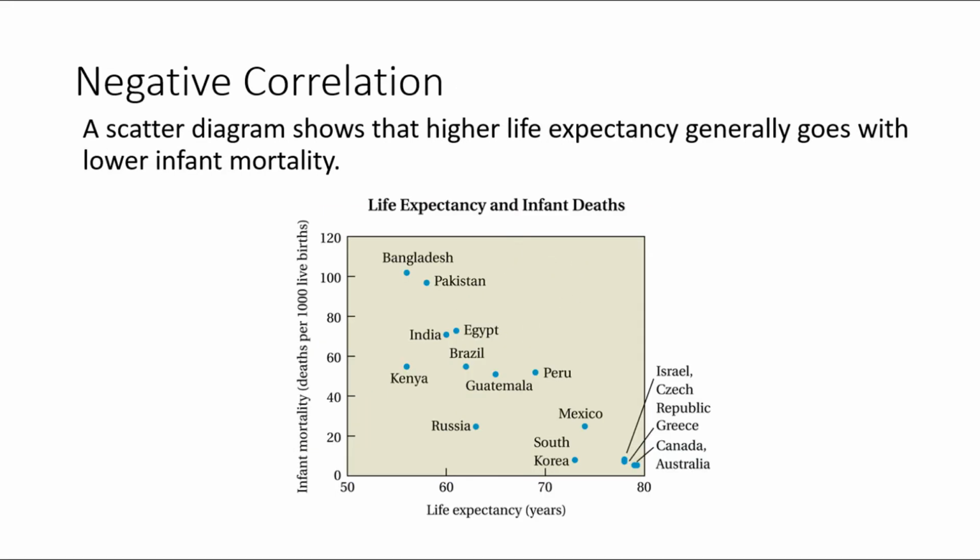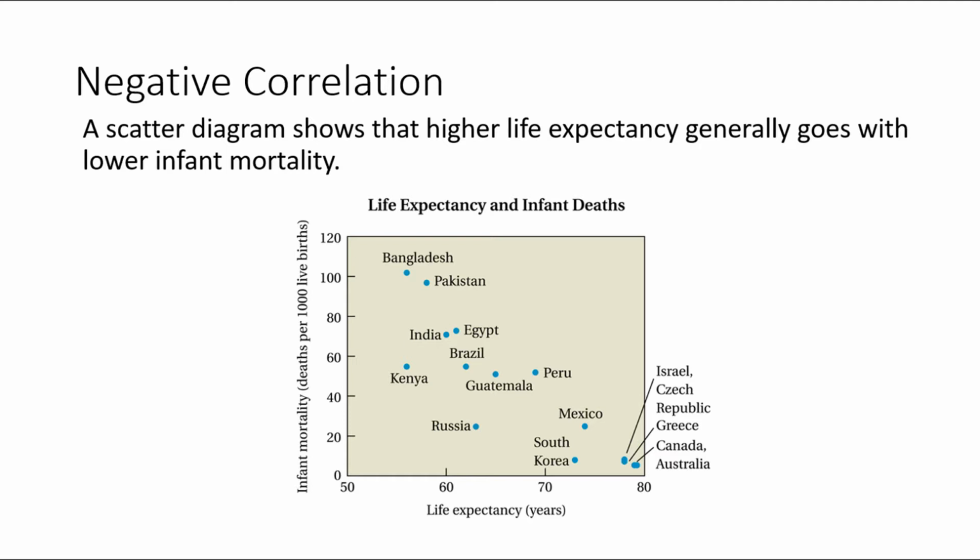Let's consider an example of a negative correlation. A scatter diagram shows that higher life expectancy generally goes with lower infant mortality. This graphic is titled Life Expectancy and Infant Deaths. Along the horizontal, it is labeled Life Expectancy in years, and it starts at 50, increases in 10-year increments to 80.